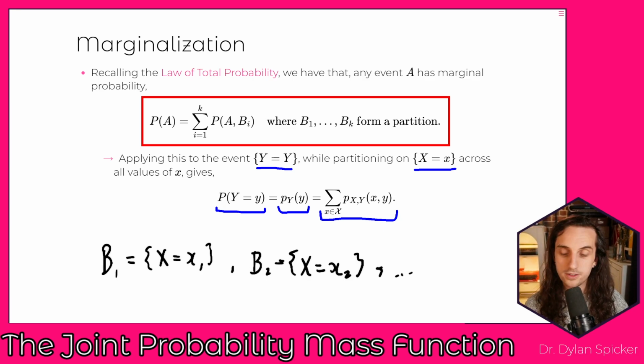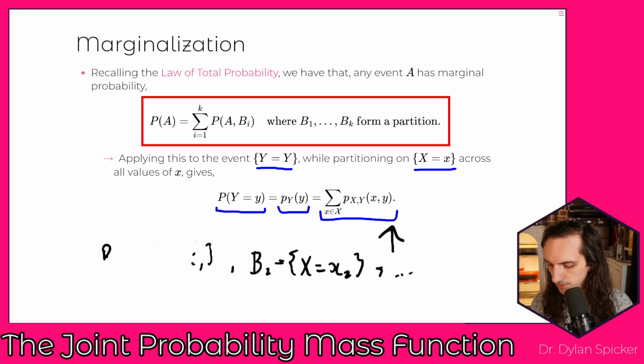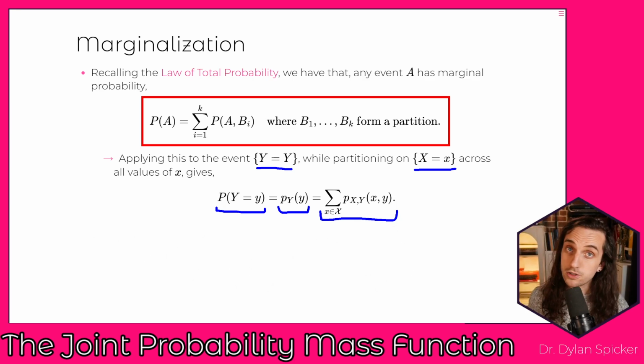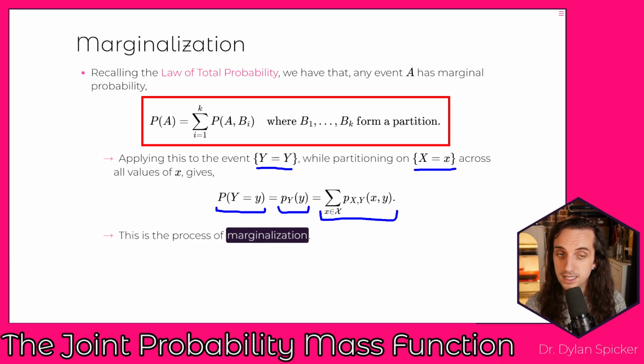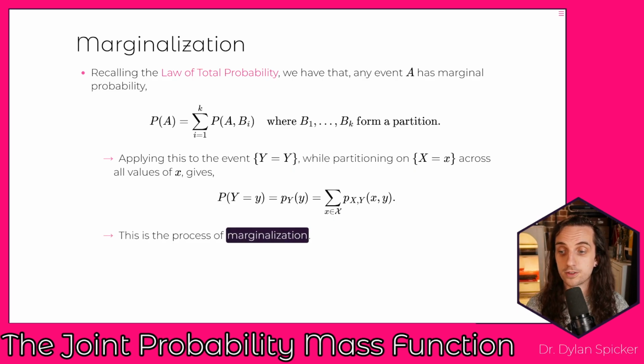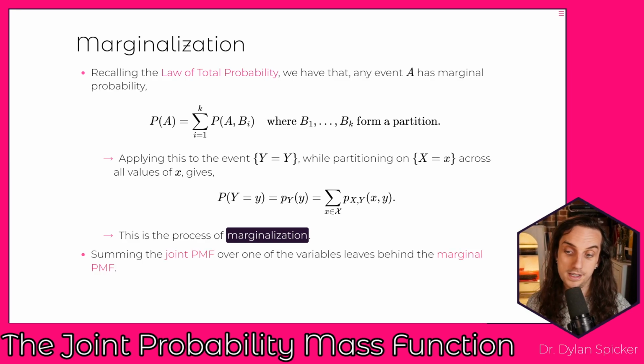Okay, and so this expression is a re-expression of our law of total probability, and that can give us the marginal probability mass function based on the joint probability mass function. This process is what we refer to as marginalization. So you can take the joint probability mass function and marginalize it to get the marginal PMF.